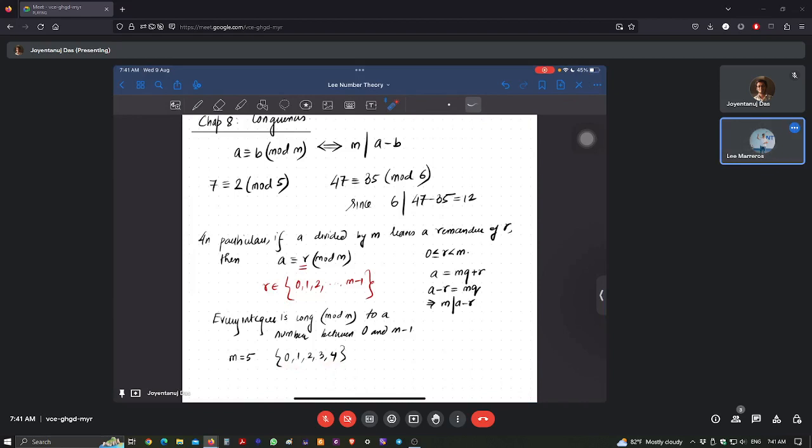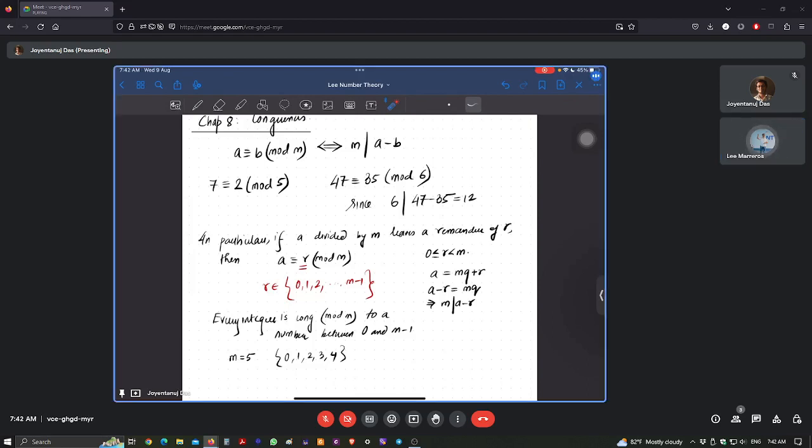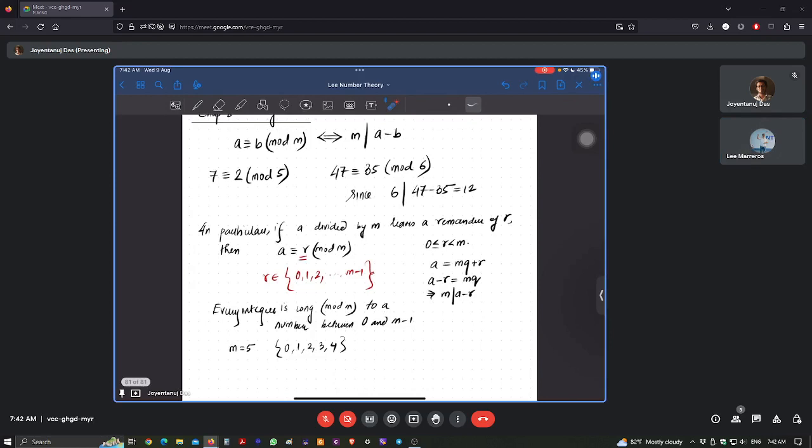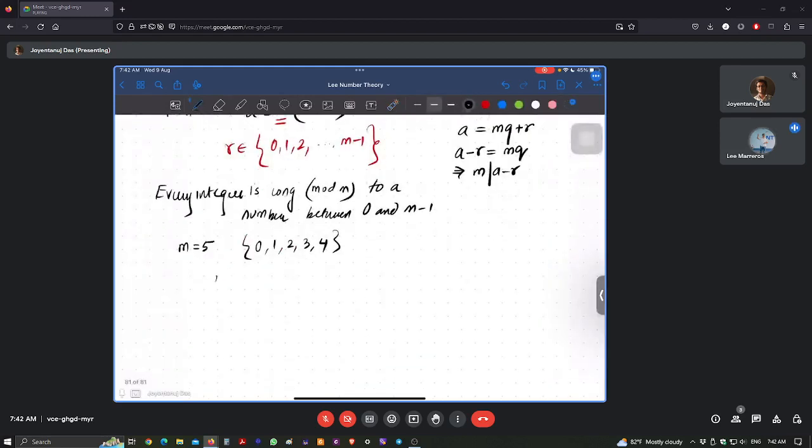So any number would be A, and A would be congruent to B mod M. In this case M is 5, and B is any number from this set. So A is congruent to B mod 5.